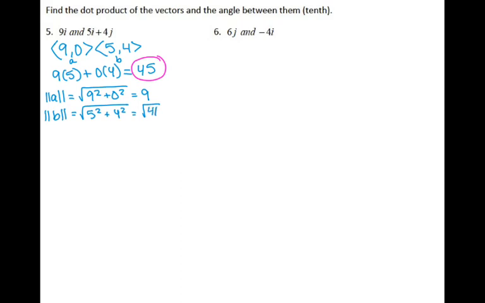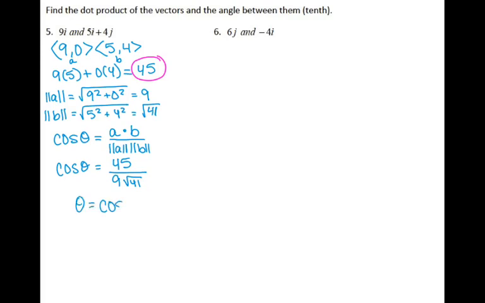And then now I'm going to use the formula to find the angle in between, and that formula is cosine of theta equals the dot product divided by the two magnitudes. So now I'm going to plug that in. My dot product was 45. My two magnitudes were 9 and the square root of 41, and that of course equals cosine of theta. In order to actually solve for theta, I need to use the inverse because I'm solving for an angle.